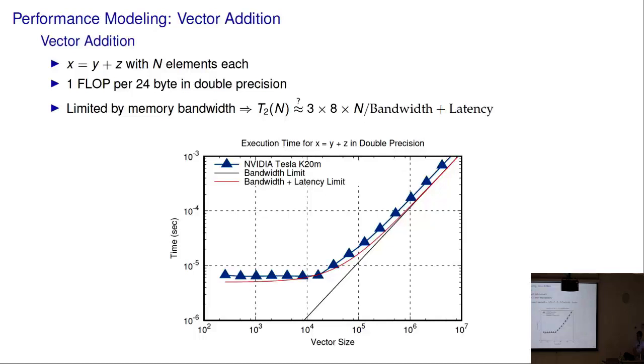So you can come up with some analytical models that just make some very simple assumptions, like this is a slide from Karl where he's just doing x equals y plus z with vectors, and you can just do some calculations on the back of an envelope, and you can get this simple expression for roughly what's limiting this, and it's the memory bandwidth.